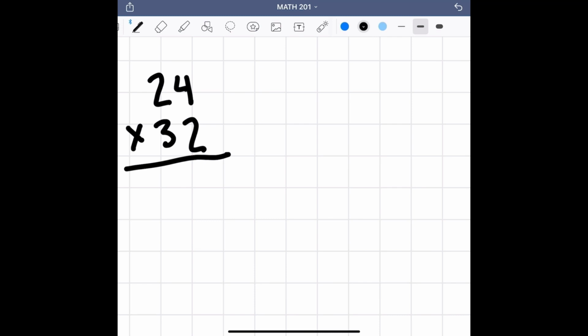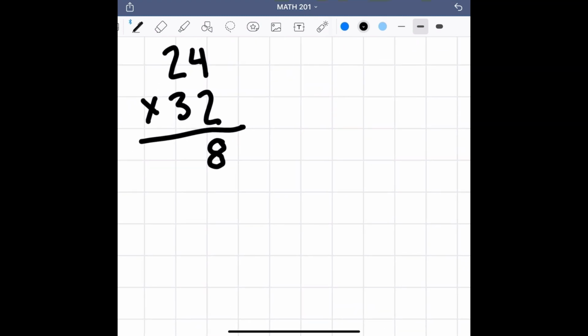So we look at this first digit, 2 in 32. We can multiply that 2 by this 4. So 2 times 4 is 8. So now that we have our 8, we can go to the next partial product.